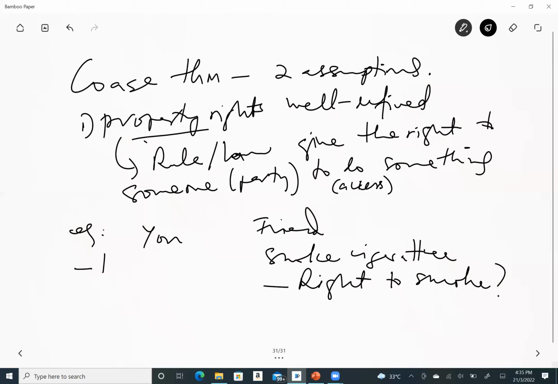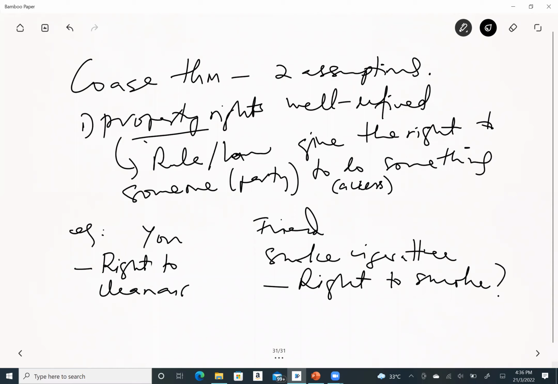So do you have the right to clean air? Now, who should have the right? Should your friend have the right to smoke, or should you have the right to clean air? Which one should be? Both? Here, you cannot have both. If you have the right to clean air, he cannot have the right to smoke.